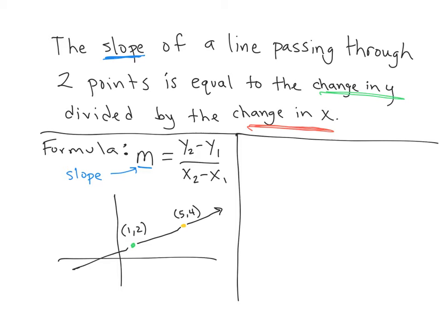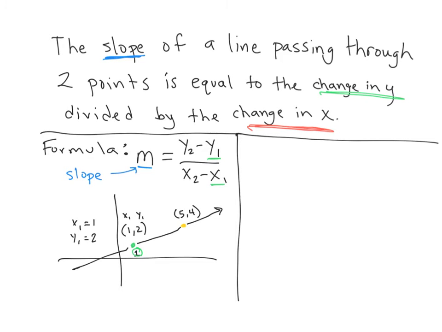Now what this is saying is that we can find the slope using this formula. For our first point, I'll call it point 1, my x1 and y1 values are going to come from my first point. So x1 would be 1, and y1 would be 2.